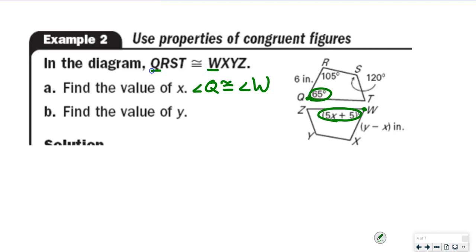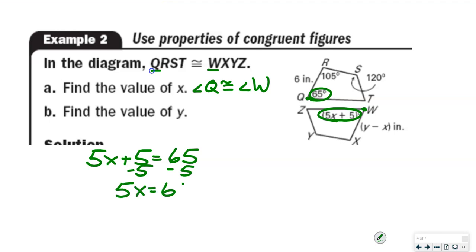So they're equal, so I can set it up 5x plus 5 equals 65. And then I can solve for x. Subtract 5. And then divide by 5. So x equals 12.